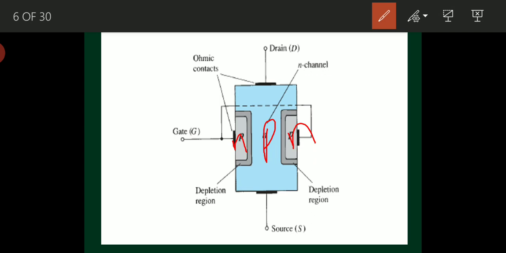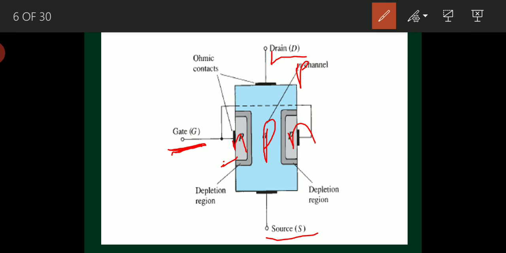Here I'm taking 3 ohmic contacts. The ohmic contact on the downside of this p-type semiconductor substrate is the source terminal, right? And the ohmic contact on the top, attached to the p-type semiconductor substrate, is the drain. And I will connect the third terminal, the gate, to the middle, which is connected to the n-type semiconductor.